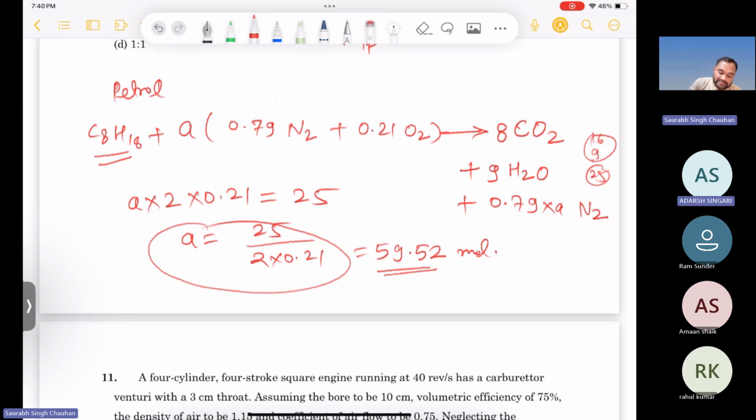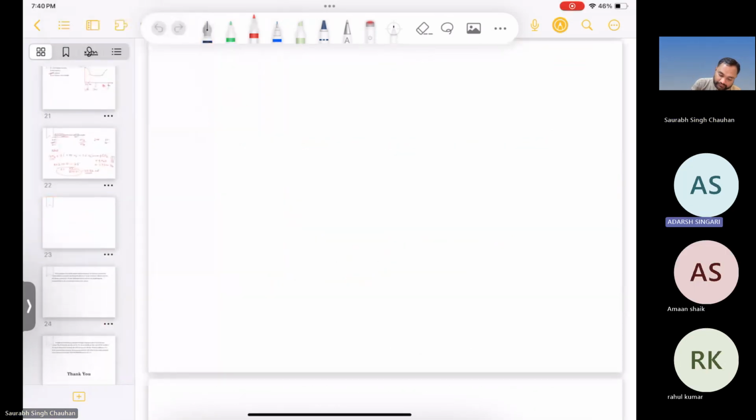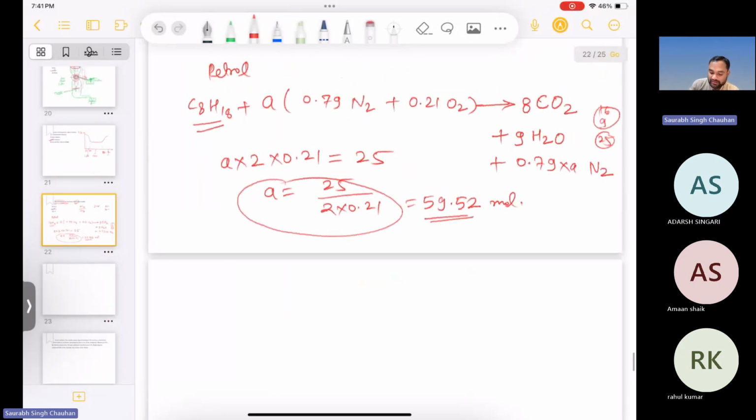So what is the molar mass of this octane? I am doing a rough calculation. Let us take the molar mass of carbon to be 12. 12 into 8 plus 18.